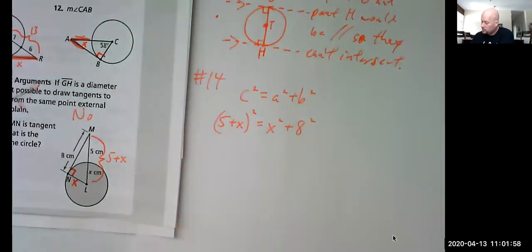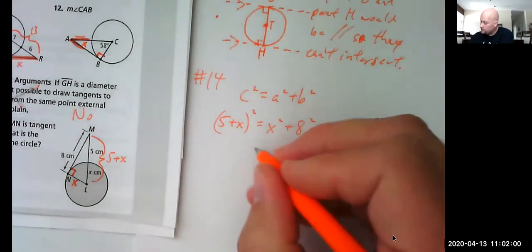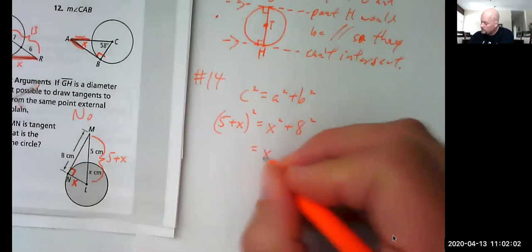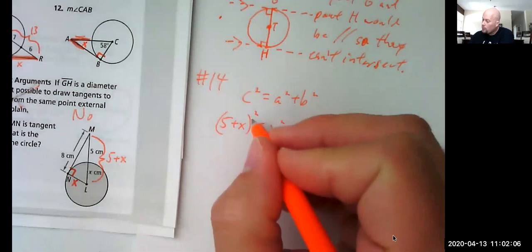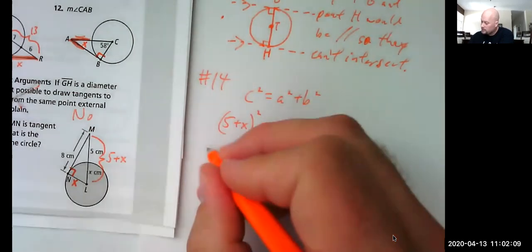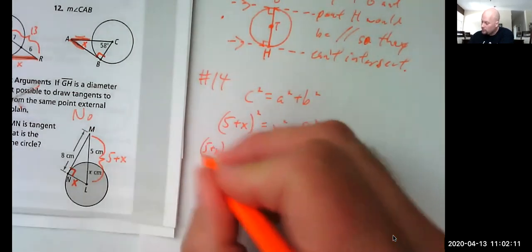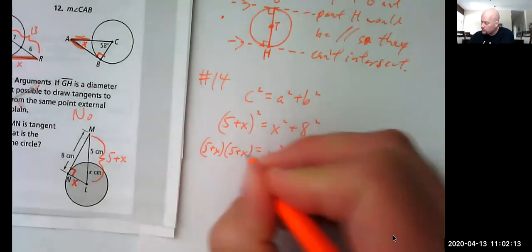So now, if we solve this, this is still X squared. This is now 64 on this side. When you multiply this out, this is the same thing as doing two binomials being multiplied to each other.